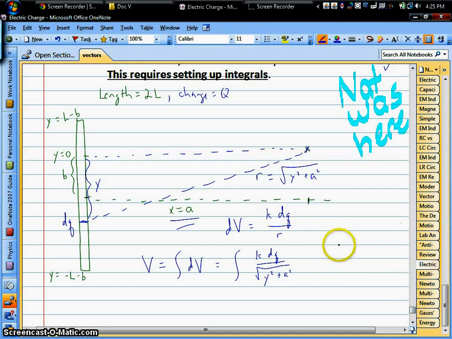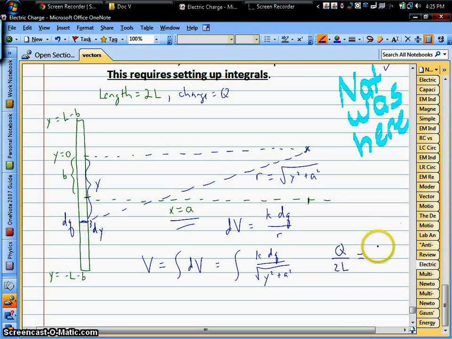Well, that's where we're going to make use of ratios. As long as the charge is evenly spread over the stick, you can imagine almost like a density idea. The total charge divided by the total length is just some number. Now if everything's uniform, that means that this little chunk that we're looking at has a little bit of length called dy.